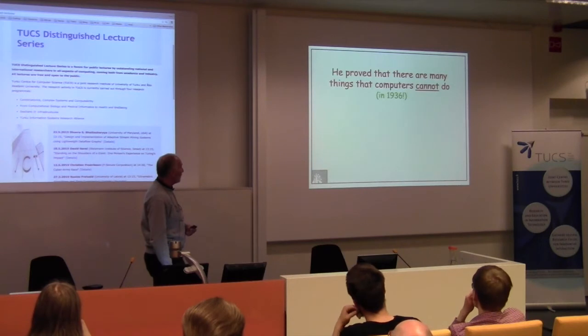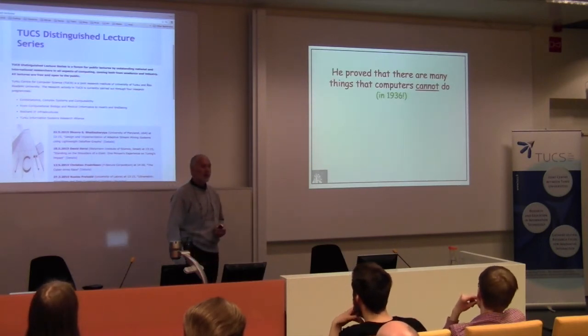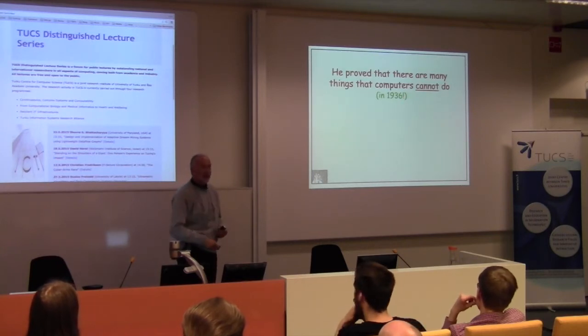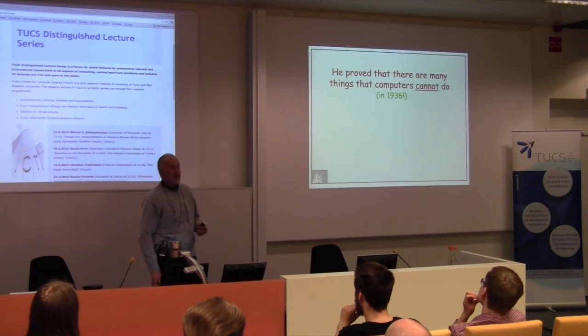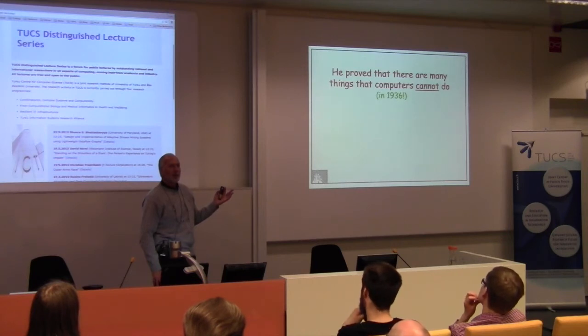He proved that there are many things that computers cannot do, and I think I do not have to explain the double exclamation mark here in 1936. Why is there an exclamation mark here? Because there were no computers in 1936.